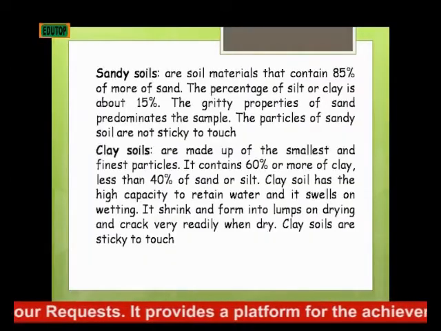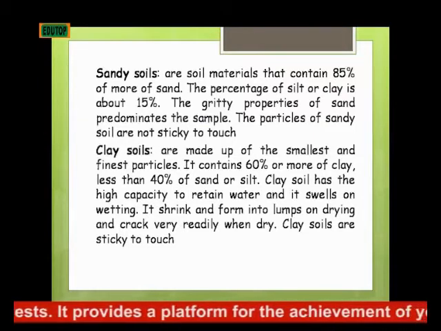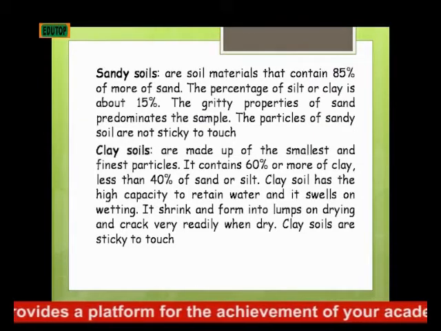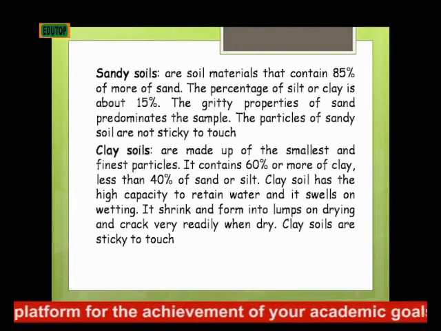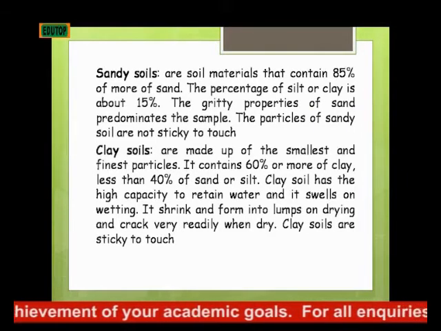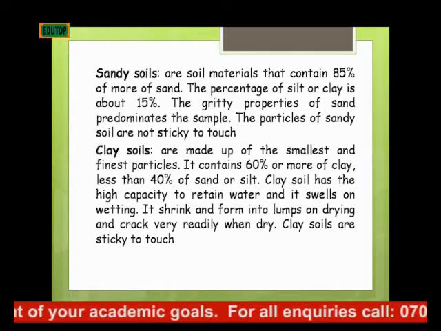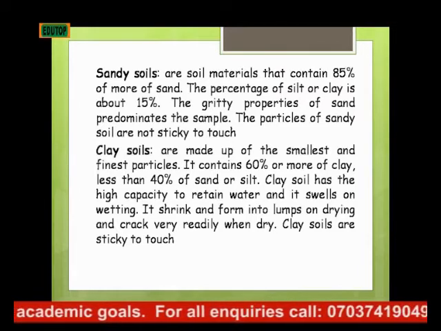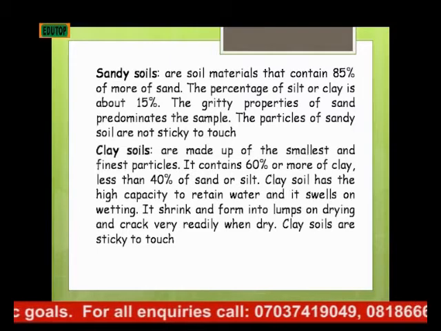Now, for sandy soil, sandy soils are soil materials that contain 85% or more of sand. The percentage of silt or clay is about 15%. The gritty properties of sand predominate the sample.